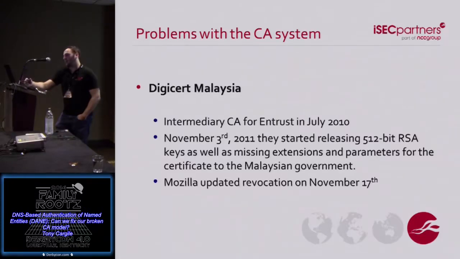They started releasing 512-bit RSA keys, and they were missing a bunch of extensions and other parameters, and that would allow these certificates to be compromised. And they were issuing them to the Malaysian government. And so there was some investigation. They figured out what was happening, and finally, on November 17th of that year, Mozilla updated their revocation of these certificates. So again, 2 weeks after they realized.